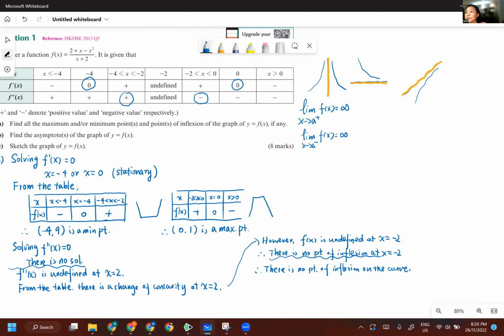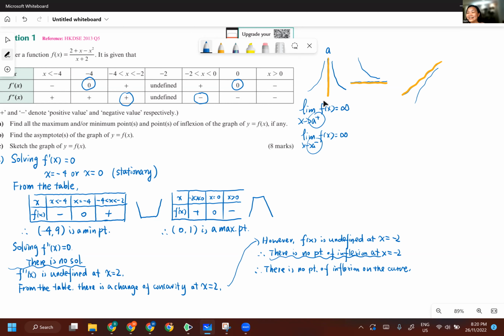Sometimes positive infinity, sometimes negative infinity. Basically at A, this position at A, I say this is to the right, this is to the left. So to the right, to the left, maybe it's infinity, maybe it's negative infinity. And if you find this, there is an asymptote. And usually this place is where the function is undefined.